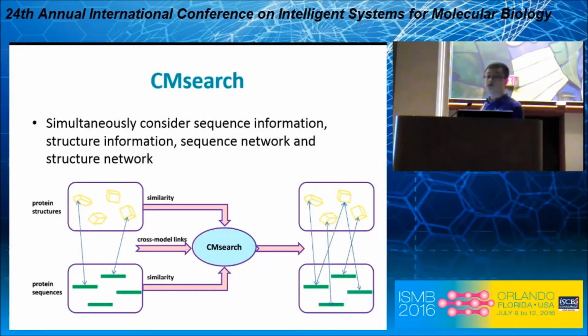And what I want to do is that I want to simultaneously consider the intraspace information as well as the interspace information in order to learn a more complete and hopefully more accurate many-to-many mapping between the protein sequence space and the protein structure space. And hopefully the edges I learned represent the homologous relationship.